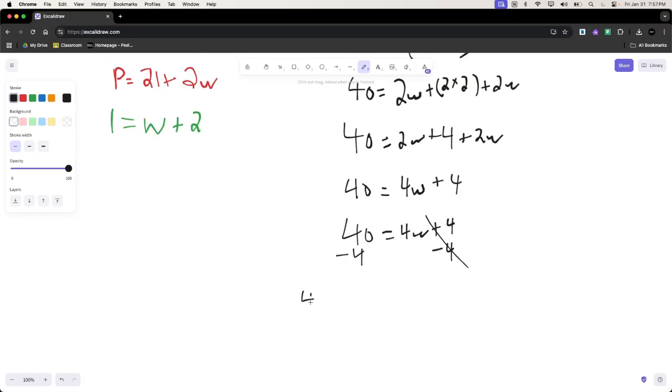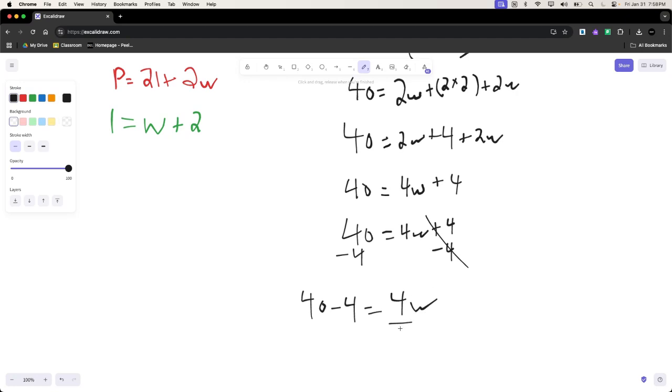So then it's just going to be 40 minus 4, which equals 4W. A 40 minus 4 will give us the value of 4 times the width, but we want to find out the width itself.